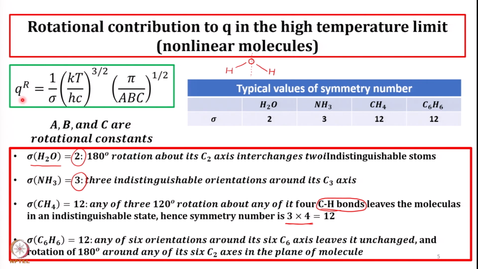After having decided whether to use the direct summation method or the high temperature approximation, we need information about the symmetry number.